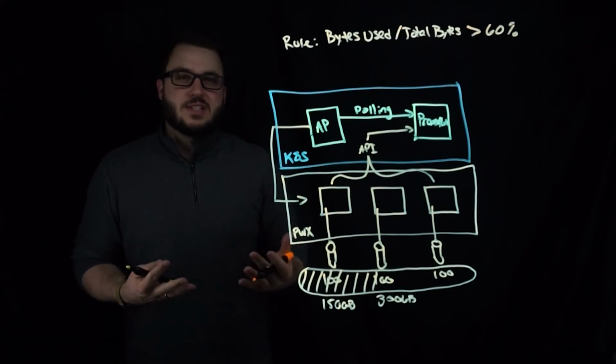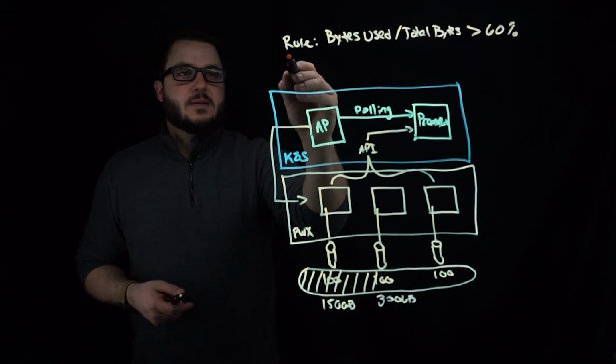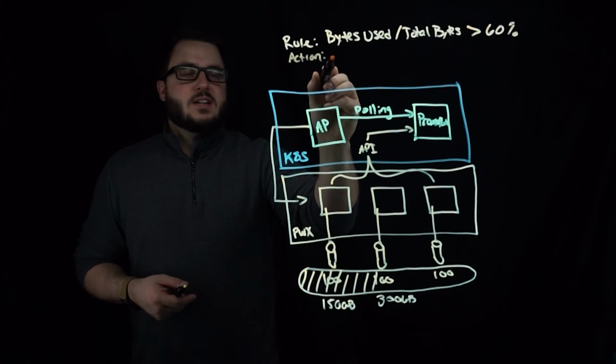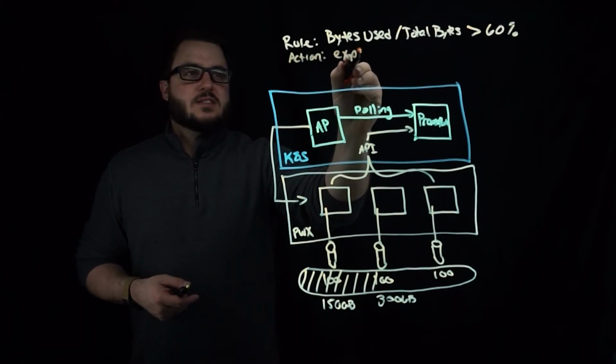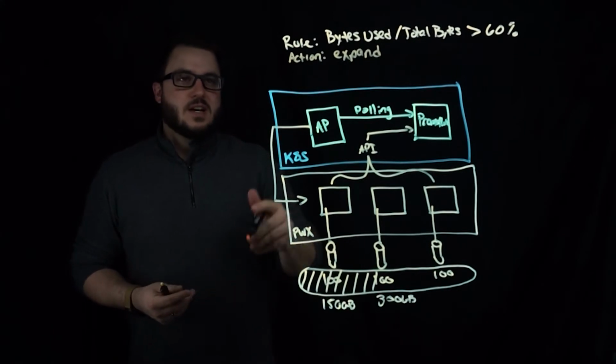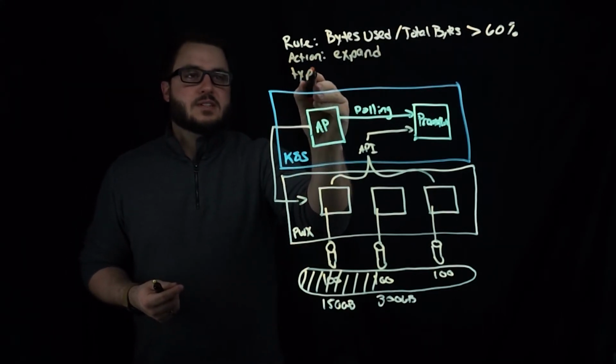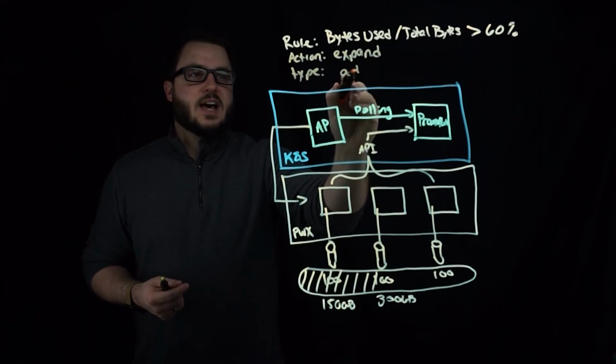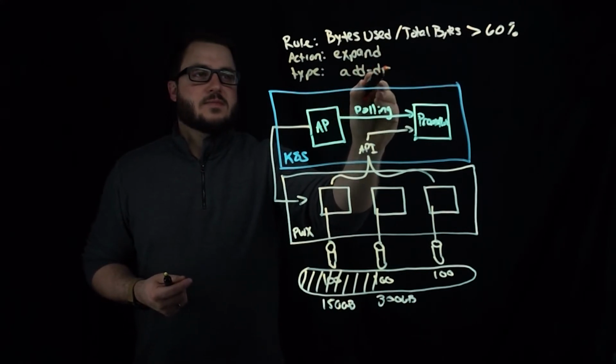And so these actions have a couple different parts, which we'll say is to expand in this case, because we want to expand our cluster, but we have a type of expansion, which is add disk.